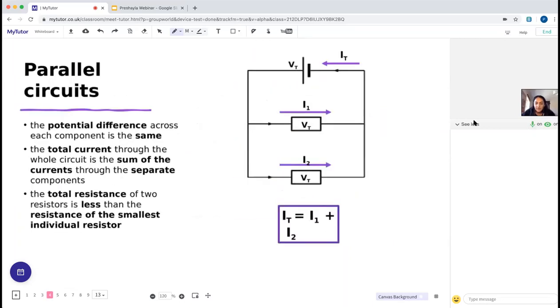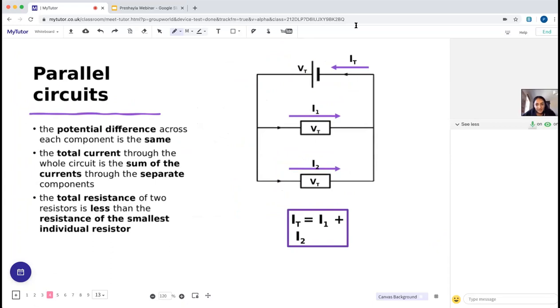Yeah, so as I said, these are so important for electricity questions. So with parallel circuits, current sums, voltage is the same. So parallel: current sum, and voltage same.